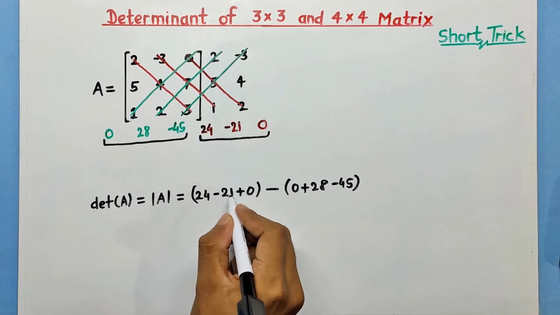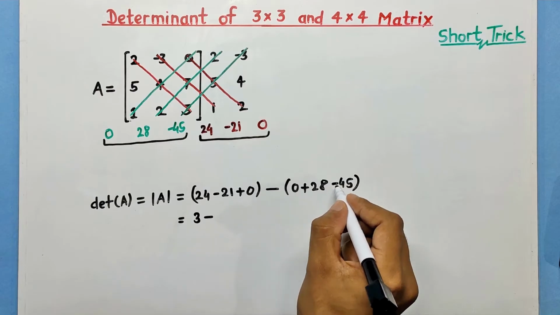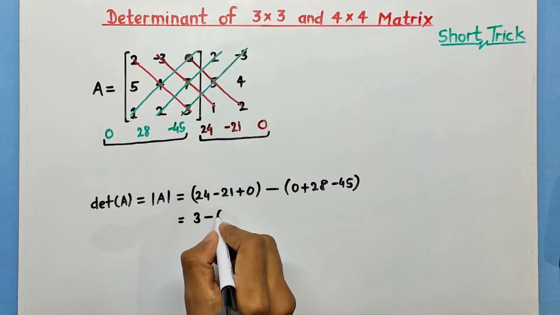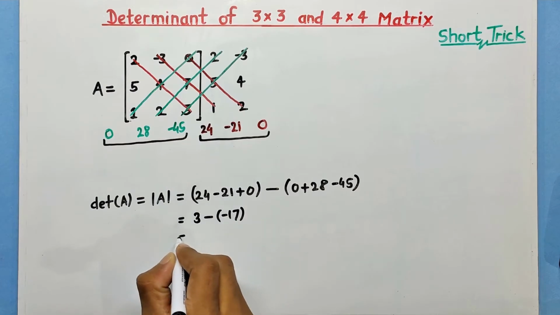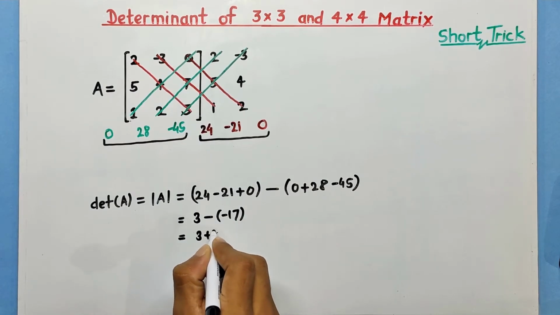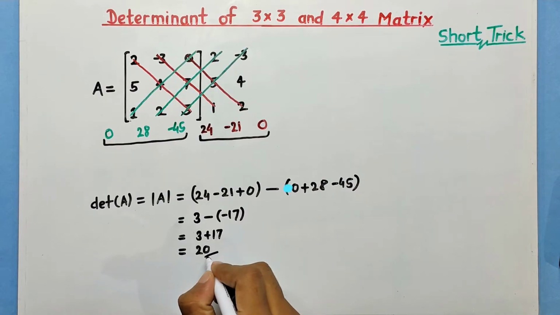So 24 minus 21 that will be 3, minus 28 minus 45 that will be minus of 17. Minus minus will be plus, so that is 3 plus 17 that gives us 20. This will be our final answer.